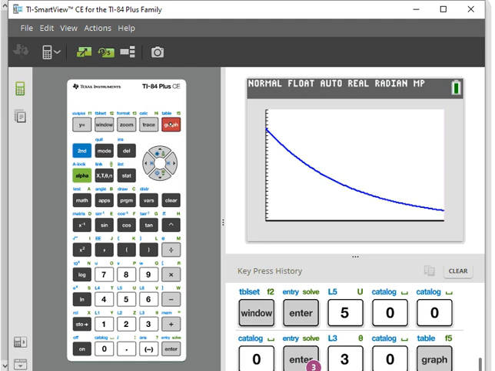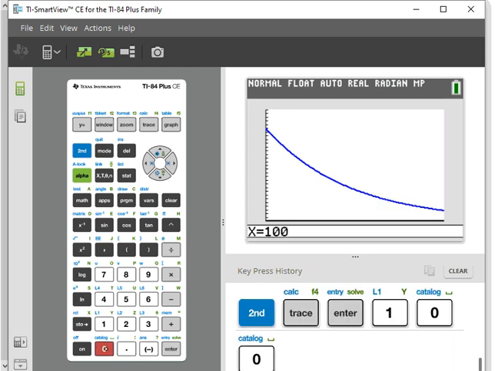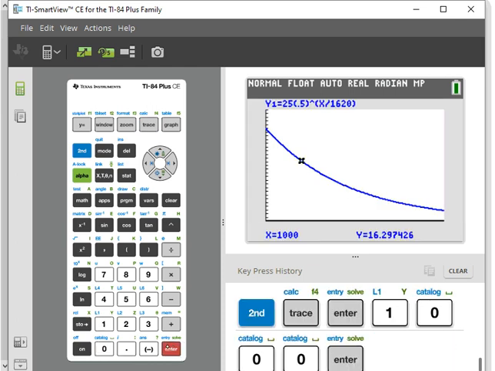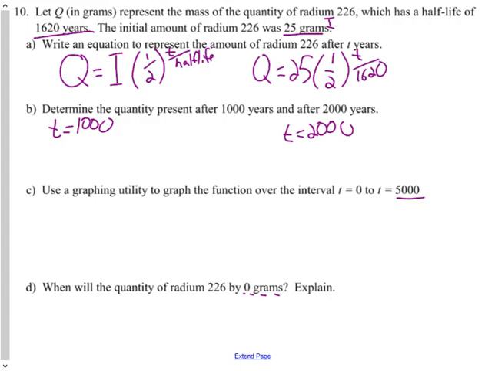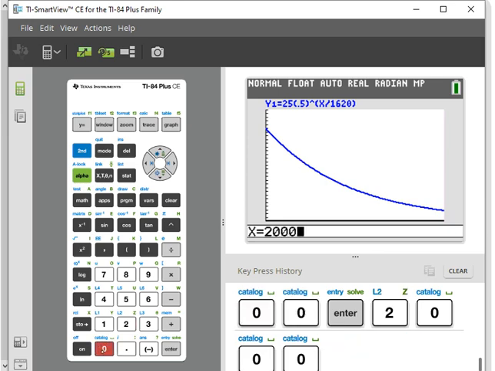So second trace, value, what's it going to be at 1,000? 16.297 grams. What about after 2,000? 10.624 grams.